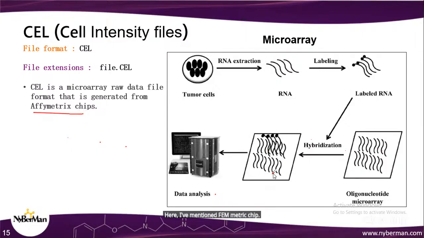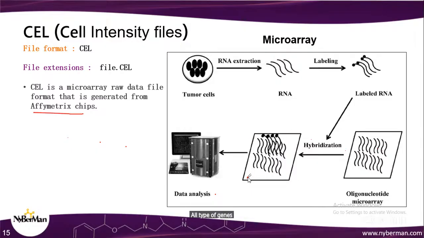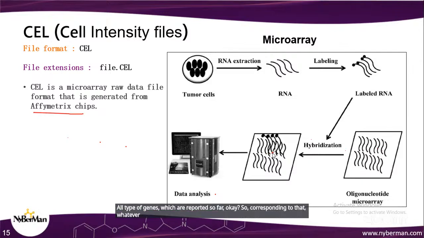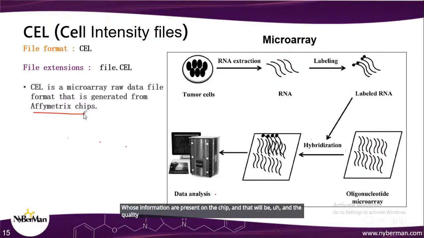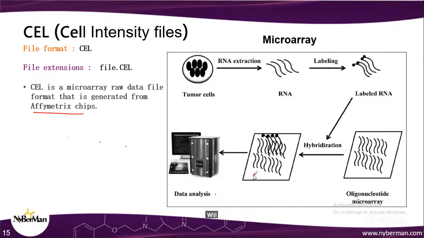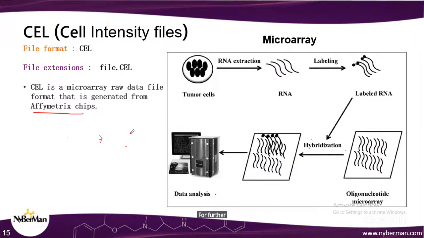On these chips, there will already be information on all types of genes which are reported so far. Whatever genes are available in our sample will map to those genes whose information is present on the chip, and the intensity of those genes will be assigned to each gene mapped to the information already present on the chip. We can use that information for further data analysis for gene expression.